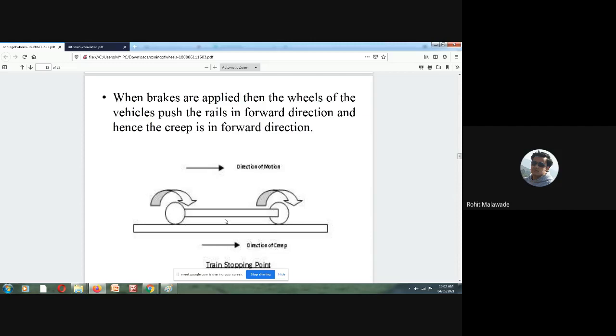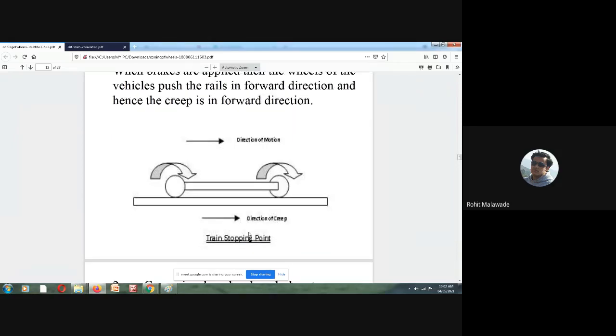Yes. So when we apply a brake and want to stop, the creep, the longitudinal movement of your rail, is going to occur in a forward direction. This is what happens when you want to stop the train.